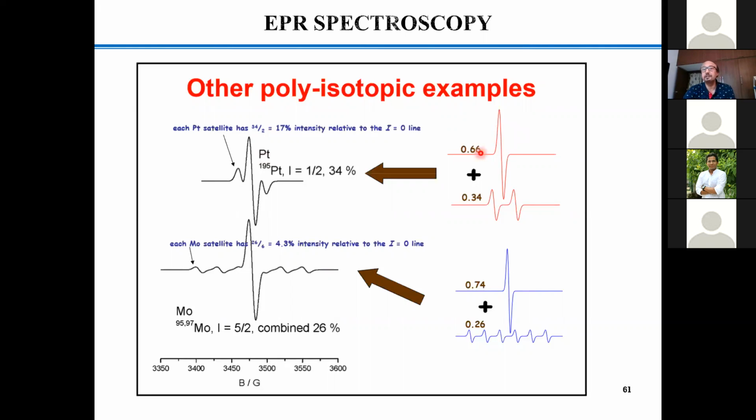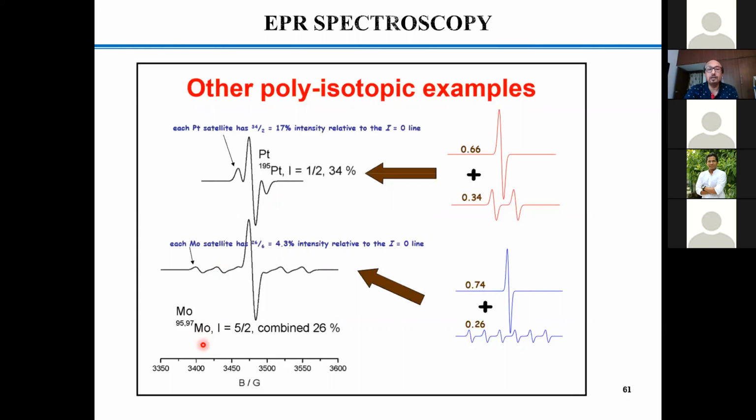I equal to 0 is 66%, that is 100%. And here, because you get one line, and here the natural abundance is 34% and instead of one line you are getting two lines, you would divide it by 2, so the side lines are 17 times smaller compared to the central I equal to 0 line.